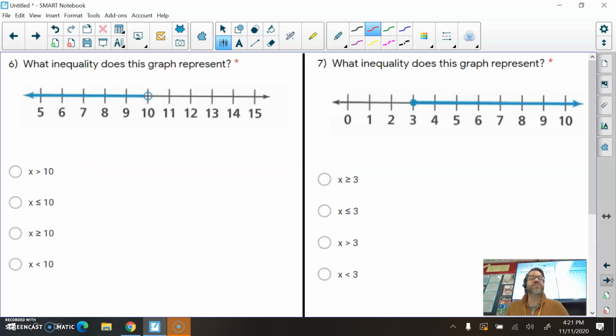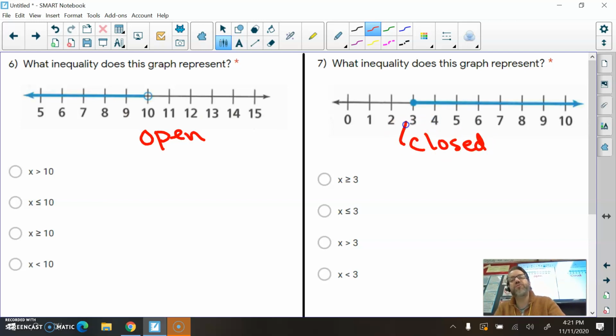All right, now number 6, what inequality does this graph represent? When you look at number 6 and number 7, they are similar in that we have a number line graph, a number line showing a graph with an arrow. What's different is this one has an open circle. This one over here has a closed circle.